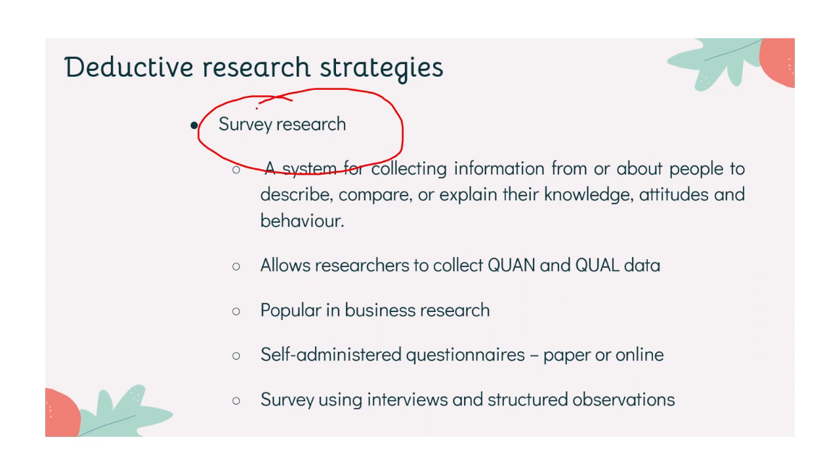Popular surveys are always self-administered, which can be distributed on paper or online, and you also have structured observation, where you personally go and talk to your respondent and ask them the questions that you have in the survey. Okay, when I say qualitative data here, that's probably still hanging on you. You're going to ask me, how can I do that with a survey?